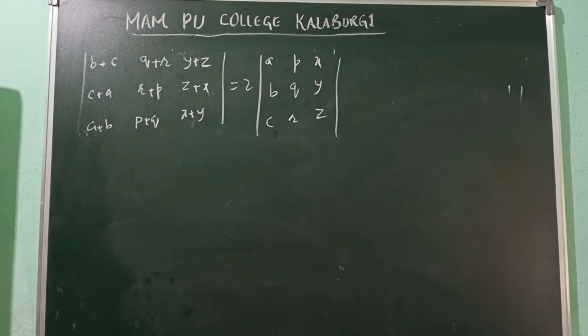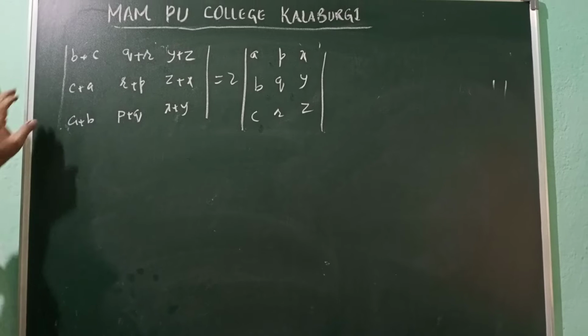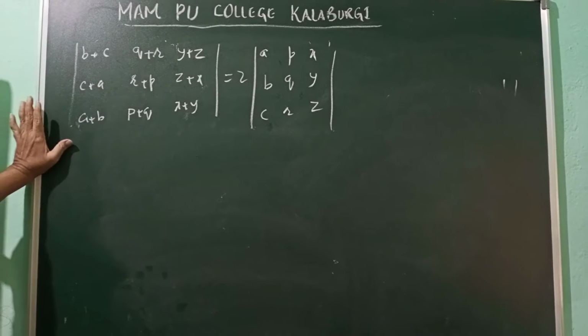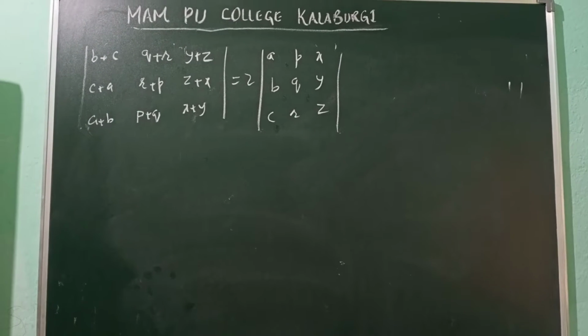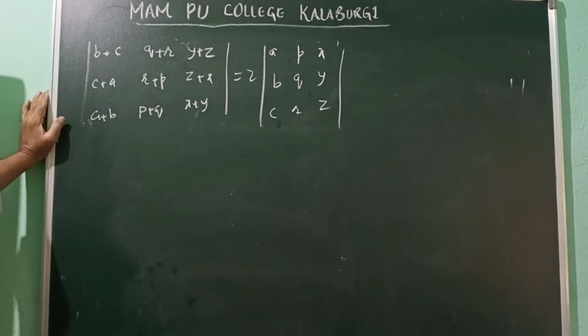Now see, in our right hand side, 2 is there. We should try to get 2 in the answer first. For this, we can add column wise or row wise.